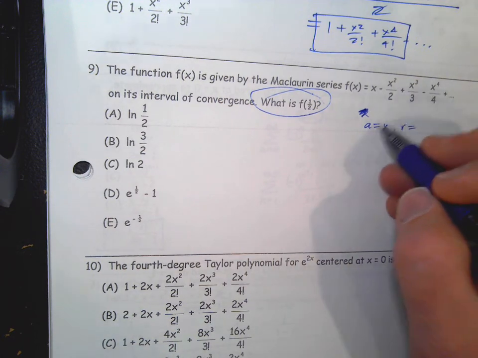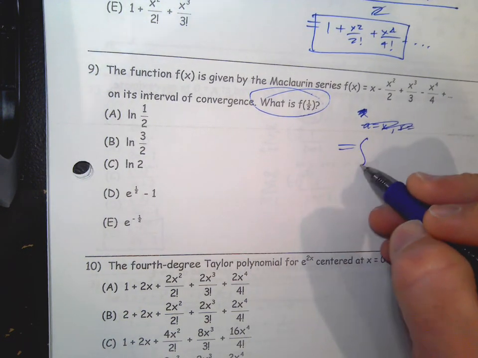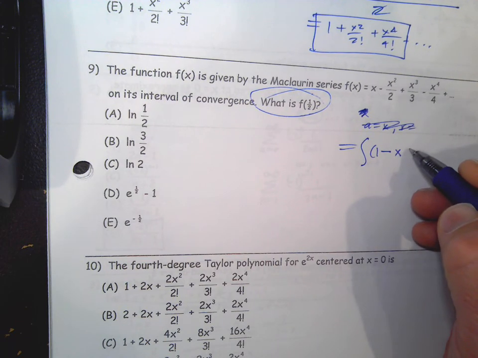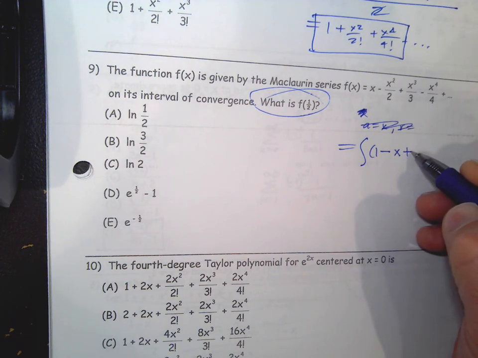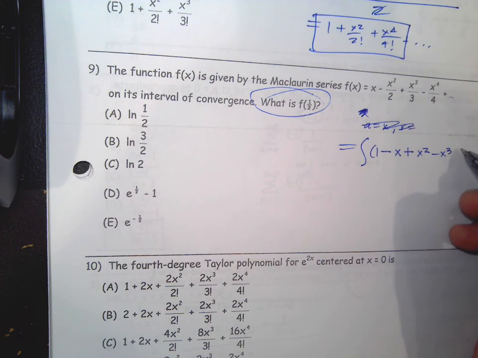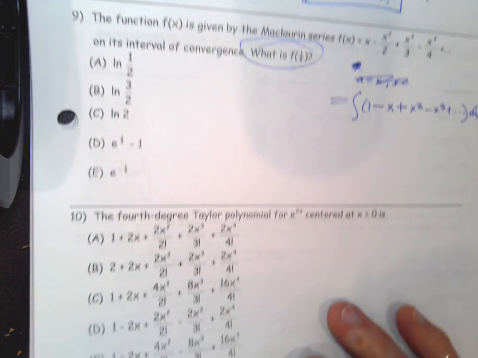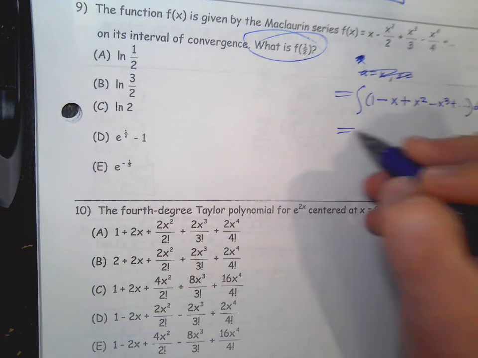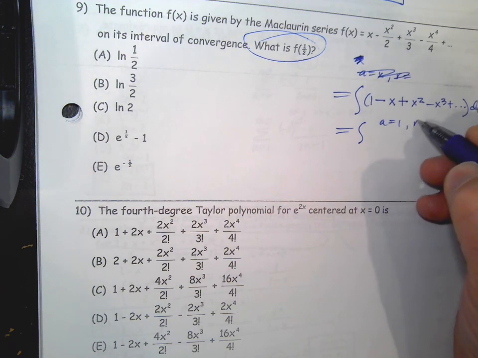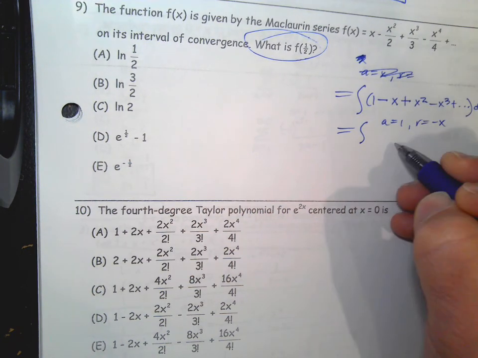So what is that, the integral? That's the integral of 1 minus x plus x squared minus x cubed, right? Do you see that? So I think this is from that integral. This is the a value equals 1 and r equals negative x.